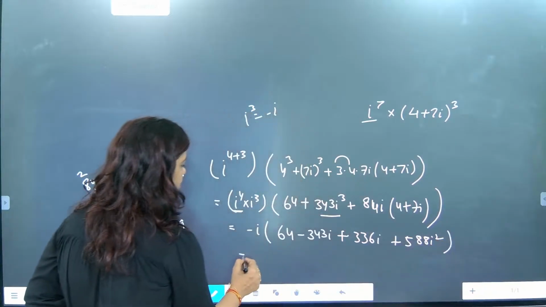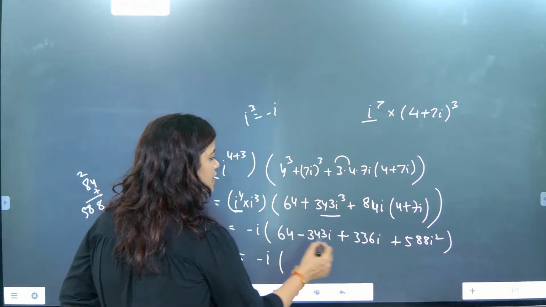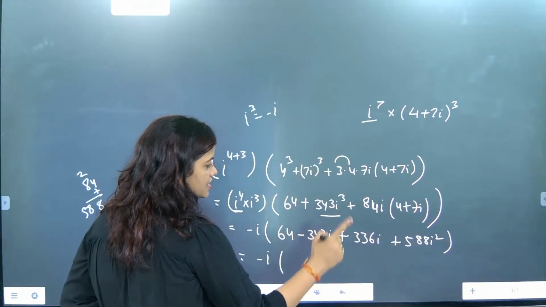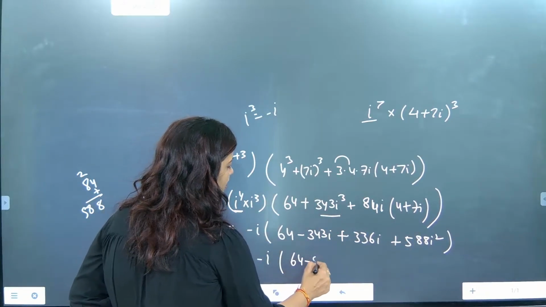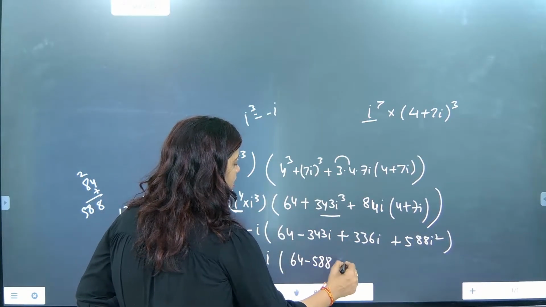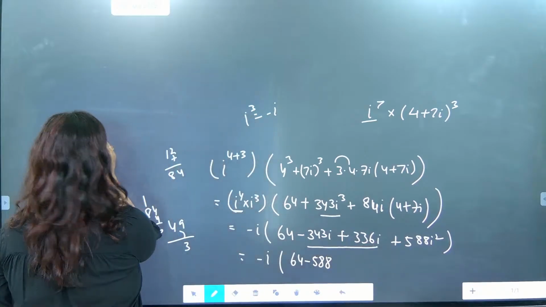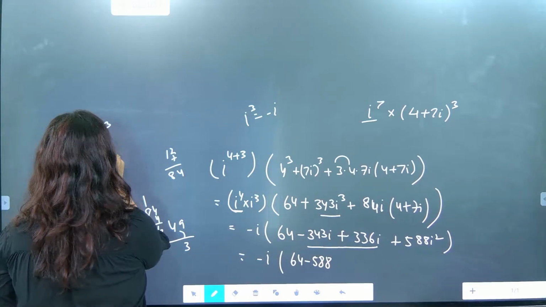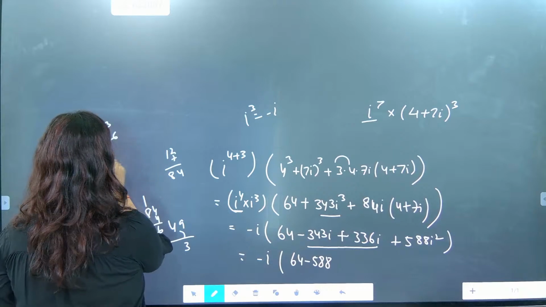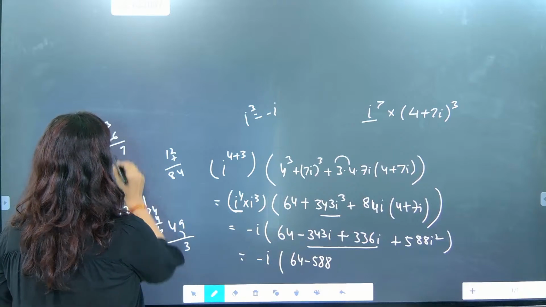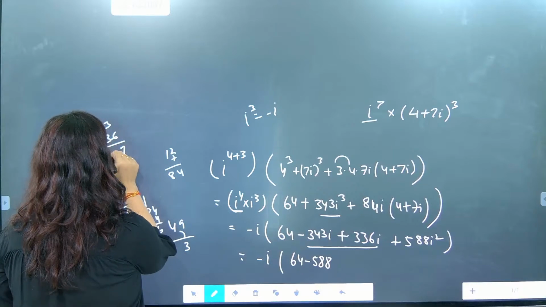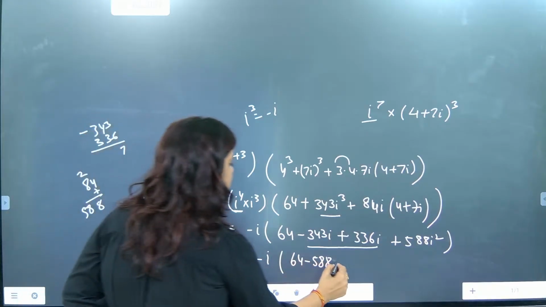So overall now we are going to go to that part. So here I square will become minus 1. So 64 minus 588, and then here I part is there. Just solve this section. Minus 343, and here it is coming as 336. Okay, so here it is coming as 7 only, because 7 is coming. So minus 7I.